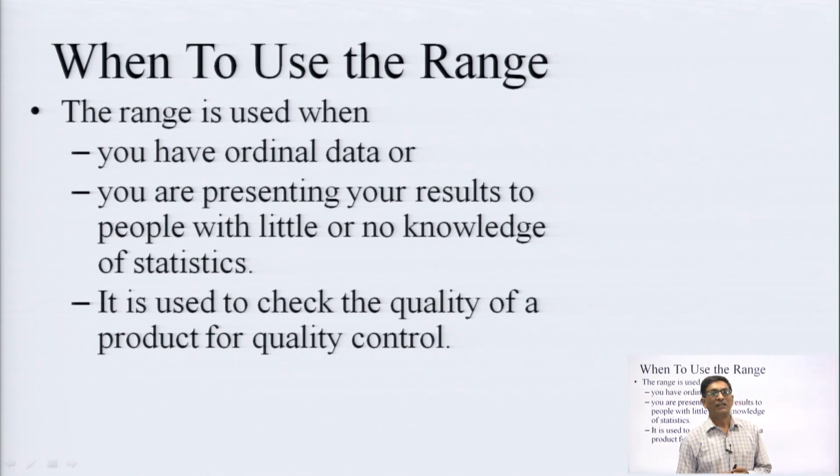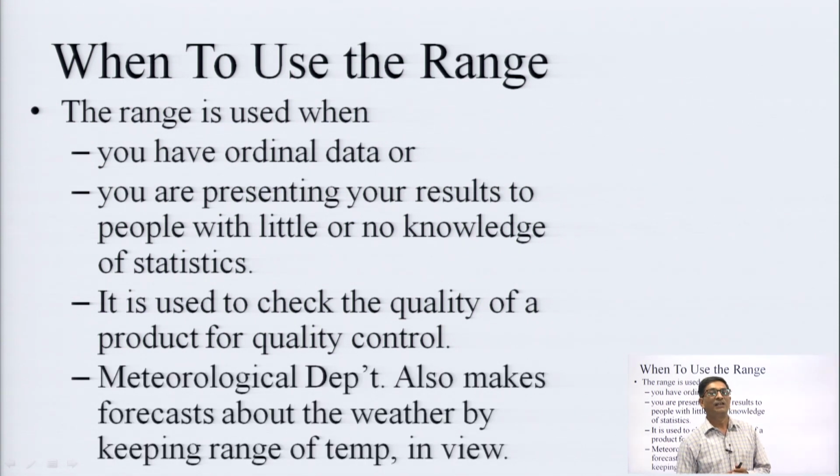Third, range is used to check the quality of a product for quality control. The meteorological department also makes forecasts about the weather by keeping the range of temperature in view, so it is used for weather forecasting.